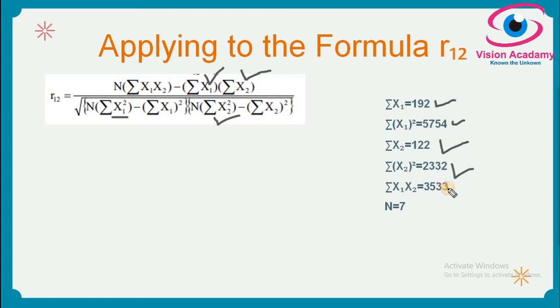Summation x1 x2 is 3533, and we have to use n, the number of observations in the problem, which is 7. In each variable we have 7 observations.